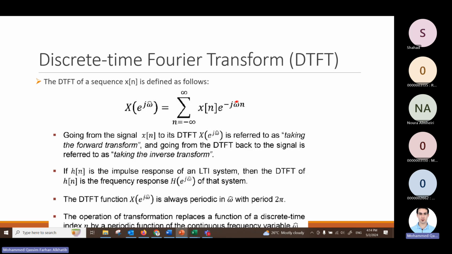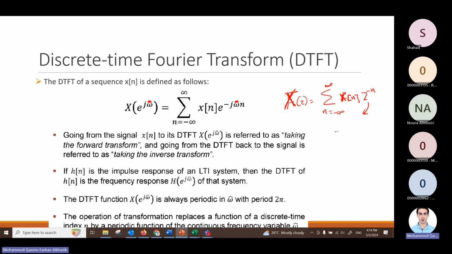Now, if you compare it to the Z transform, it used to equal the sum from n equals negative infinity to infinity of f of n z to the power minus n. Let's stay consistent: say this is X of z, and this is x of n.